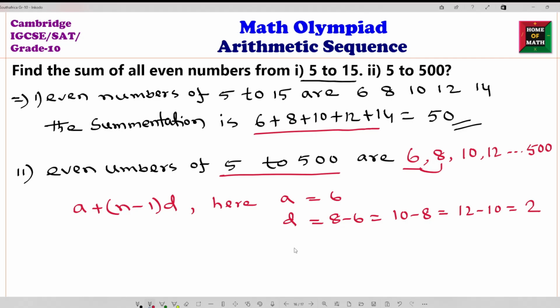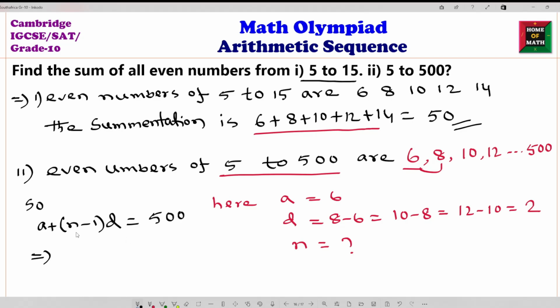The number of terms n we don't know, so we write a plus n minus 1 times d equals 500 and find n. So 6 plus n minus 1 times 2 equals 500.